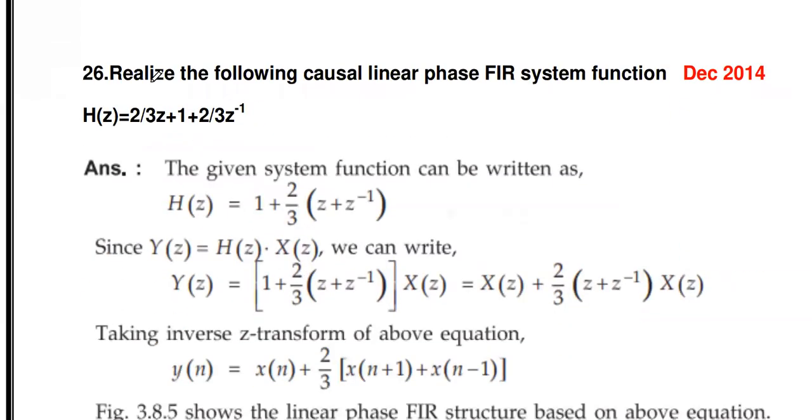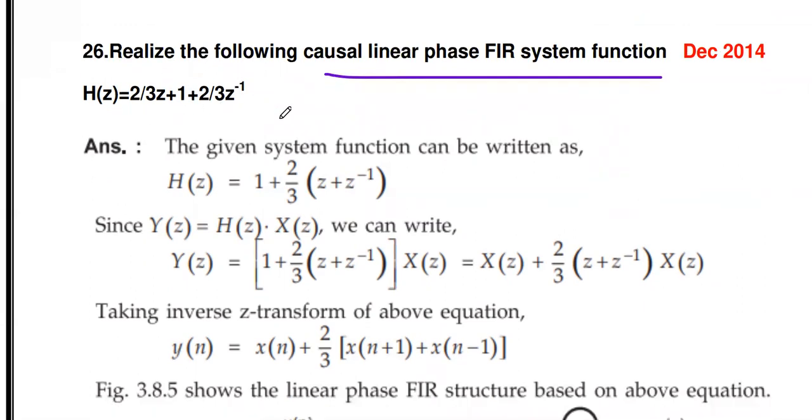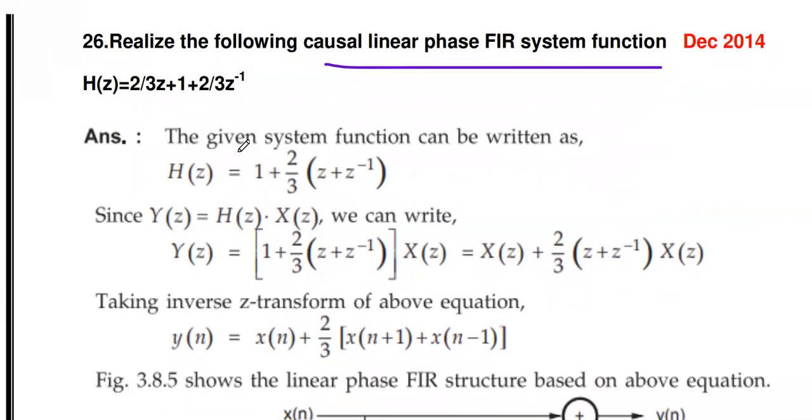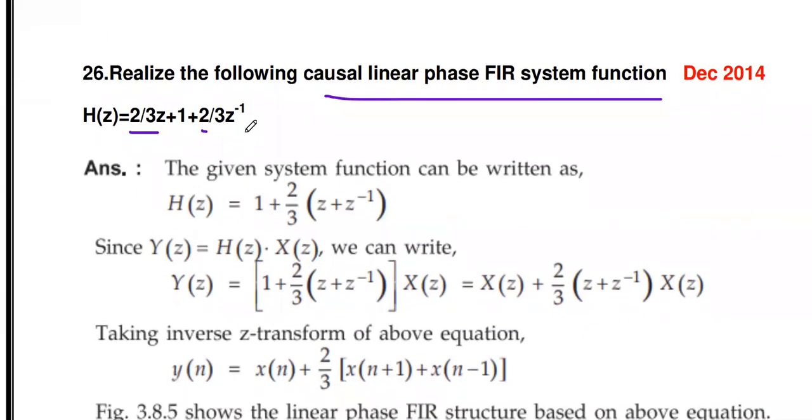The next question you see, realize the following causal linear phase FIR system. It's a December 2014 question. So H of Z is equal to 2 by 3 Z plus 1 plus 2 by 3 Z inverse. Okay, in this you see 2 by 3 Z and 2 by 3 Z inverse, so the coefficients are the same. So you just write it as H of Z is equal to 1 plus 2 by 3 into Z plus Z inverse.